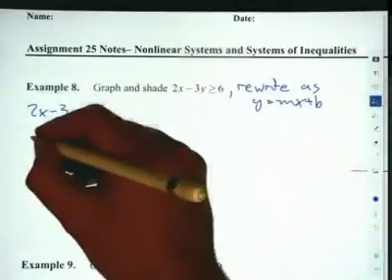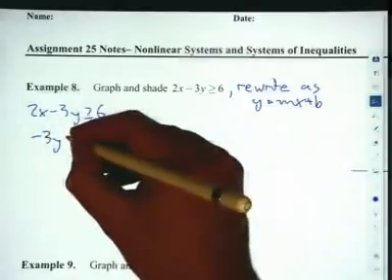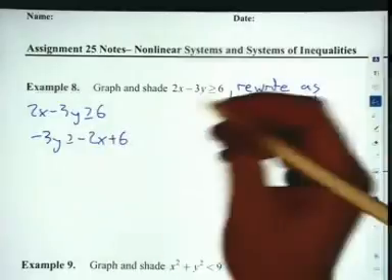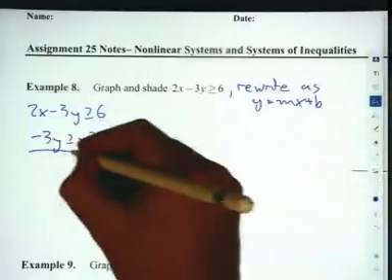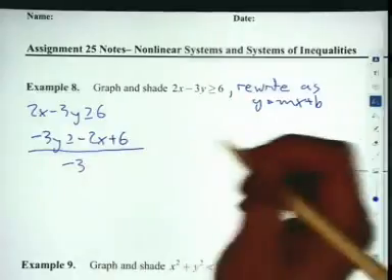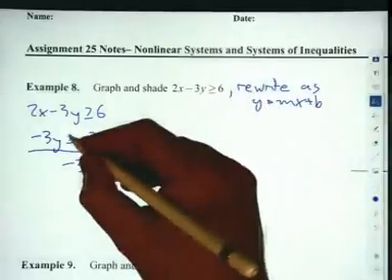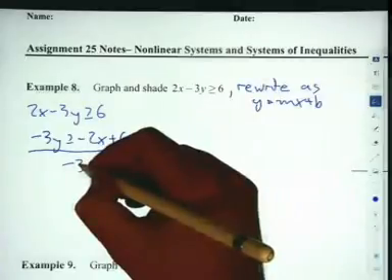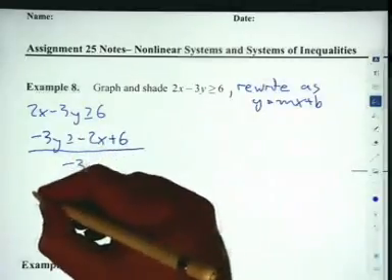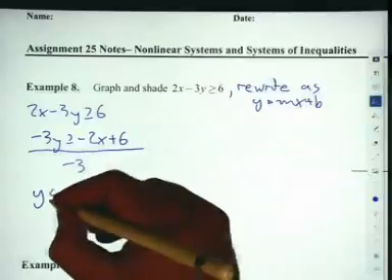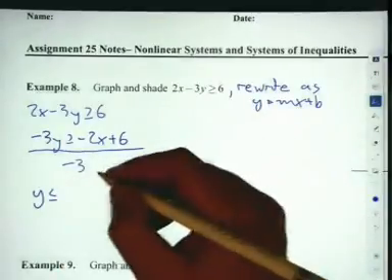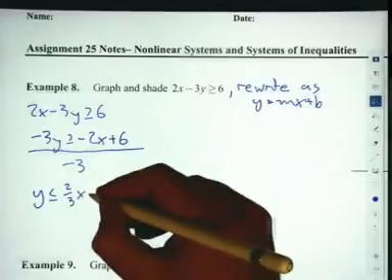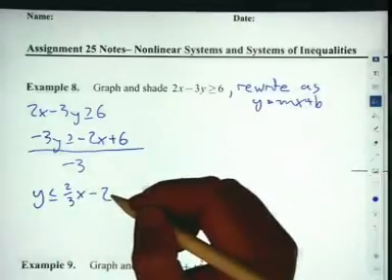If I add 2x on both sides, that becomes negative 3y is greater than or equal to 2x plus 6. Now we have to divide everything by negative 3. What happens when you divide an inequality by a negative? Yes, you're exactly right. The sign is going to change. This becomes less than or equal to negative 2/3 x minus 2.